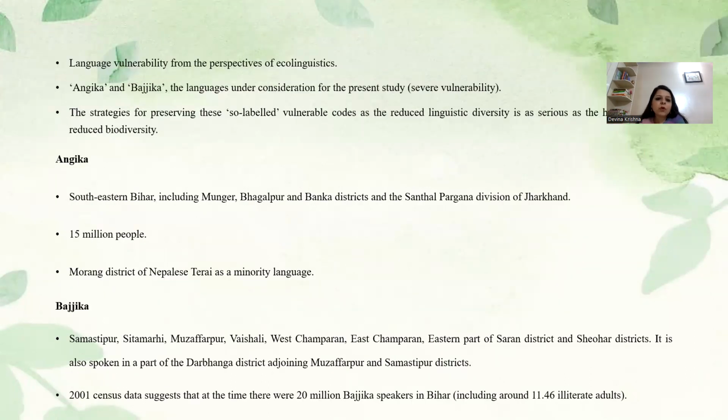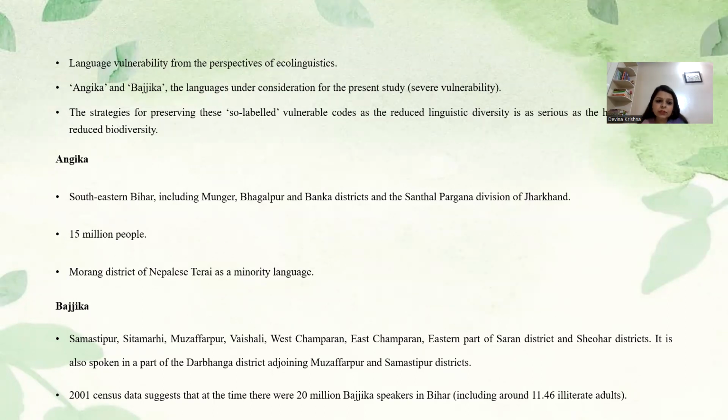So, from the perspective of ecolinguistics, in this work I'll be emphasizing the issue of language vulnerability. The languages taken under consideration for the present study are Angika and Bajjika, because both are facing severe vulnerability. The strategies for preserving these so-called vulnerable codes are, of course, a very sensitive issue.